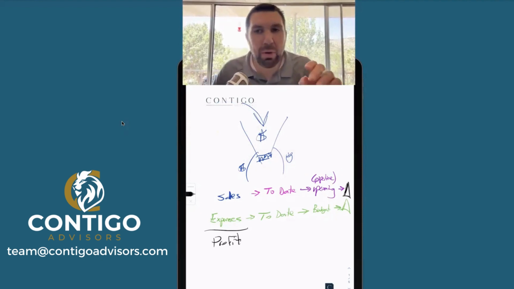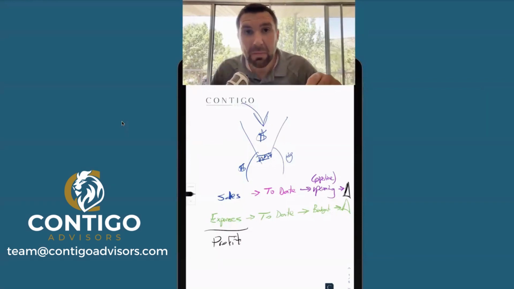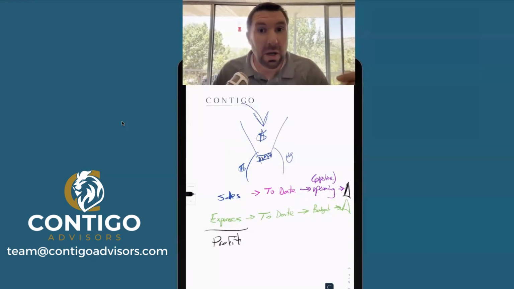The key point I want to emphasize here is that the to-date part tells you what has happened, but you have to have that information coming to you on an ongoing basis. I don't need to know what happened last year. I don't need to know what happened in 2022. I can't do anything with that number right now. It doesn't do me any good.